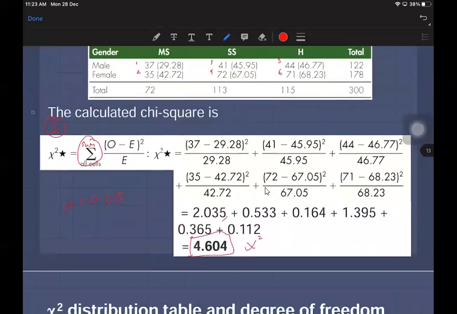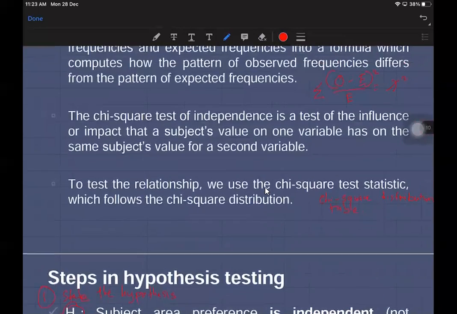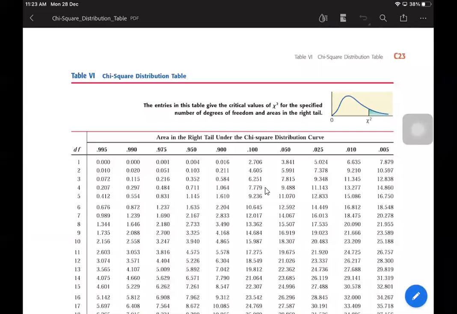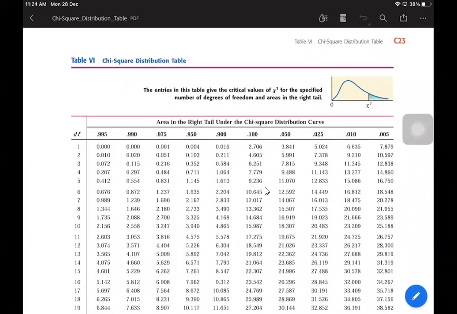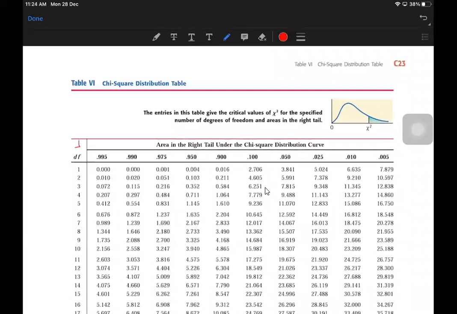Then because we are using the chi-square distribution, referring to the table, we need to calculate our degree of freedom. So this is the chi-square distribution table. Here we have degree of freedom in the first column.